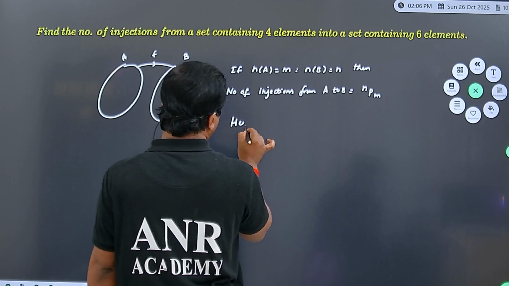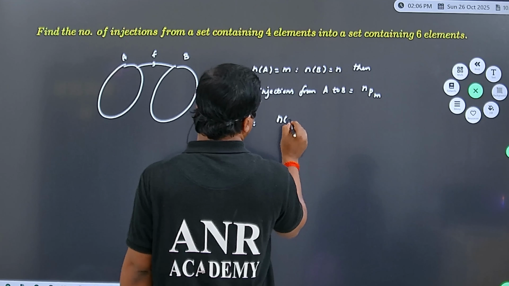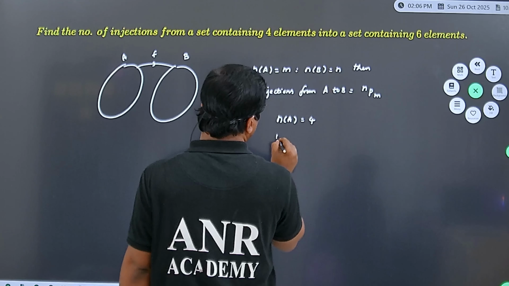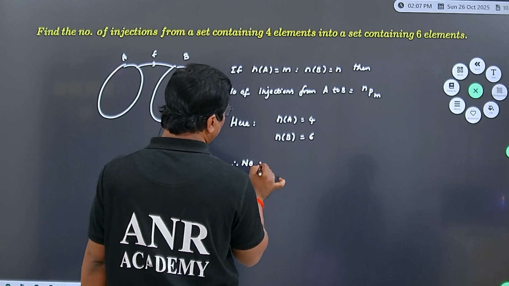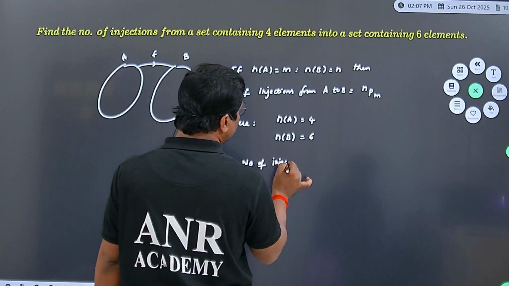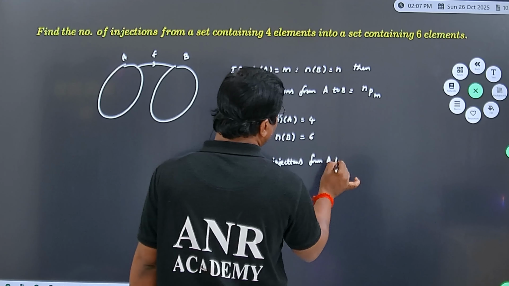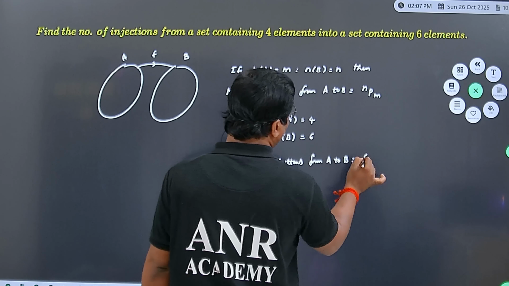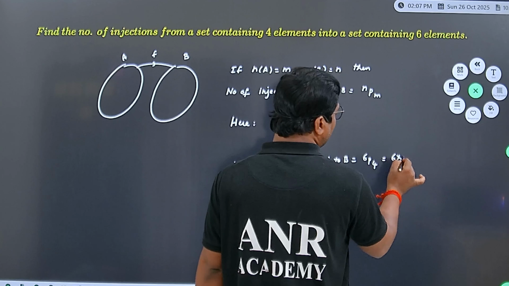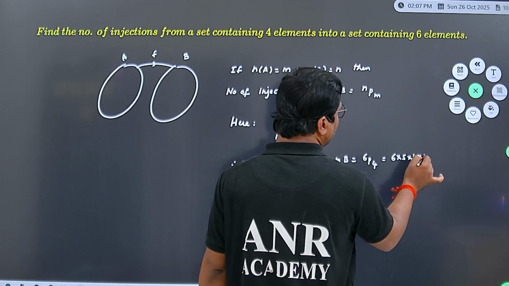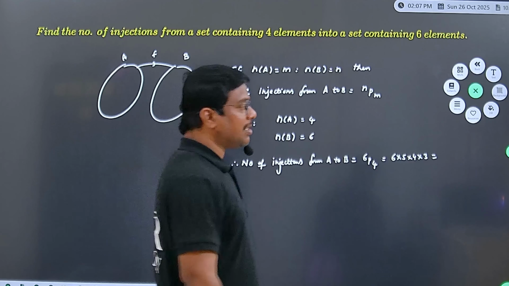Here the first set contains 4 elements, the second set contains 6 elements. Therefore, the number of injections from set A to set B is given by 6P4, that is 6 into 5 into 4 into 3, equal to 360. That is the answer.